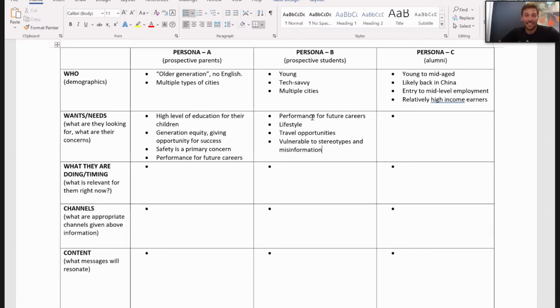So in this case, wants and needs are going to be connections with other students beforehand and other students while they're there. Two reasons. Beforehand is to get an understanding of what it's going to be like and hear it from a first-hand Chinese experience. For Chinese students, hearing the experience of, say, a Brazilian international student in France is just not going to be adequate.